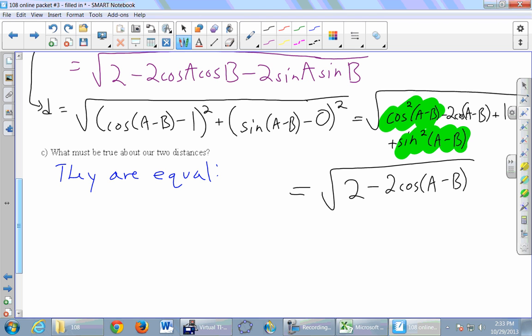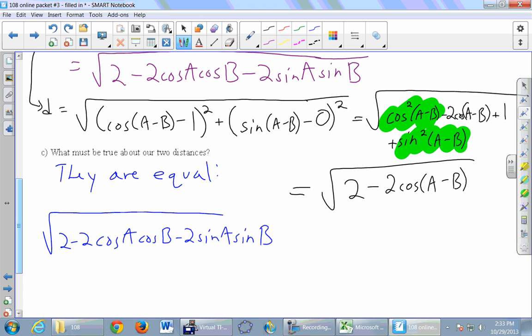So then we write the big purple expression, and it must equal this black expression here. Okay, let's see if we can do some nice algebra in our heads.